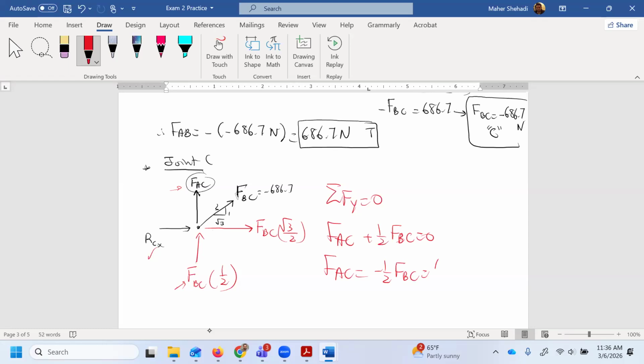So it's 686.7 divided by 2, and that's equal to 343 newtons, and it's under tension.